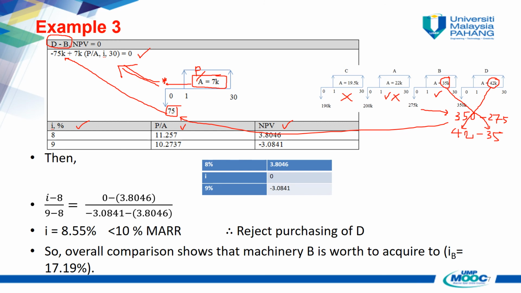Once we put the 8% there, we refer to our column at the 8% compound interest table, at the column finding P when we know the A. Then we insert it here, and we'll see that our NPV will become positive 3. Then I put another value at 9%, and we put the value in our equation here.